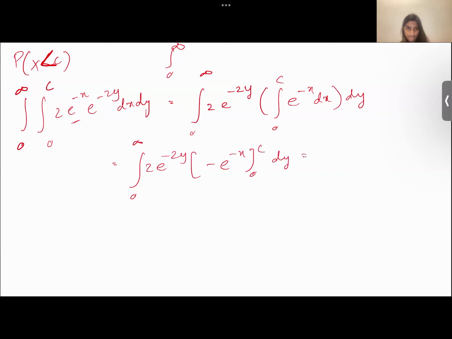Now you'll have 0 to infinity 2 e power minus 2y, minus e power minus c, plus, because when you substitute 0 here, you'll have minus into minus e power 0, which is 1. So it becomes plus 1 here. dy.